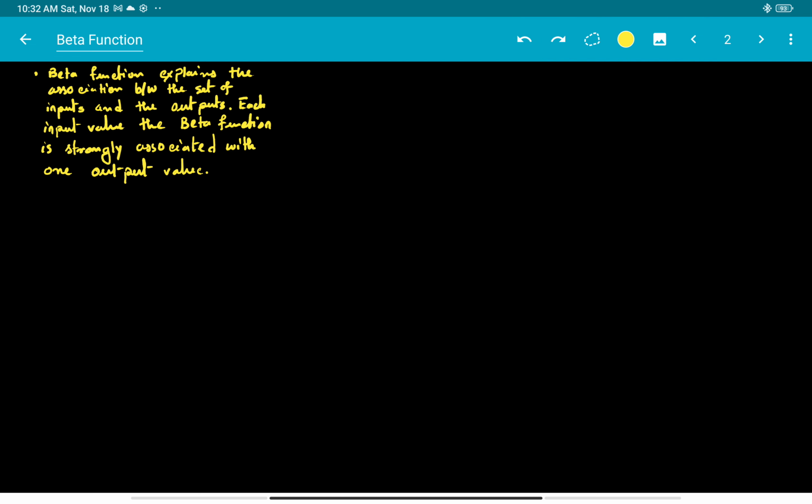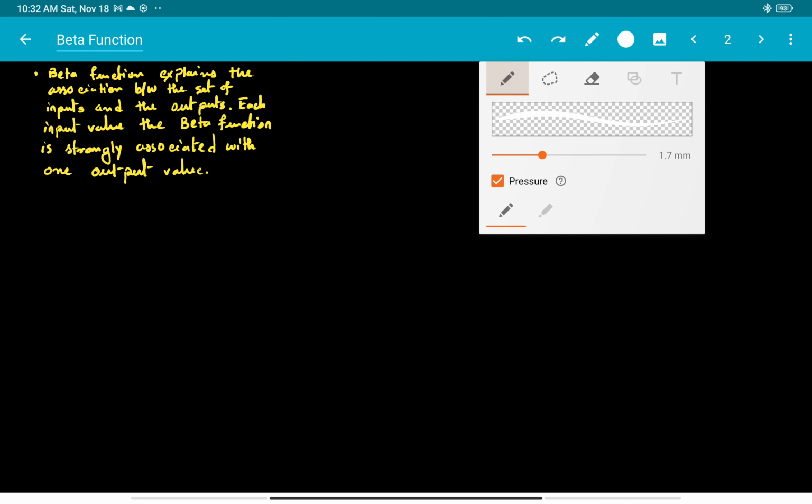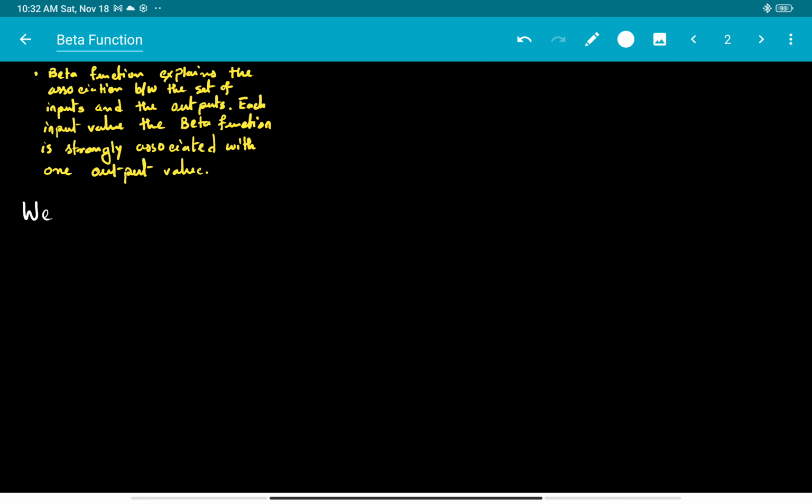So we'll now go to evaluate the beta function. So we have beta(L, m) equals integral from 0 to 1 of x to the power L minus 1 times (1 minus x) to the power m minus 1 dx.